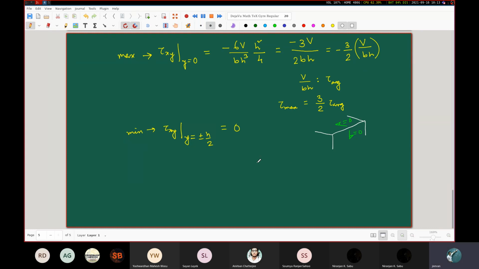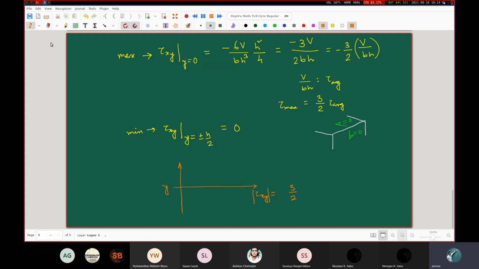We can plot this out in this way, that suppose we say that this is our y, this is the 0 value, and this axis represents the tau xy. So if we plot out tau xy is equal to minus 3 by 2, well, I want to plot out the magnitude, so we don't have to go to the negative axis.